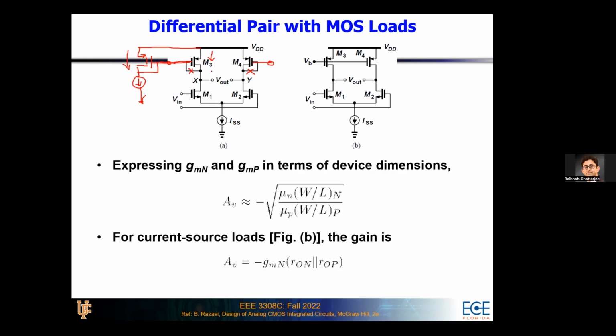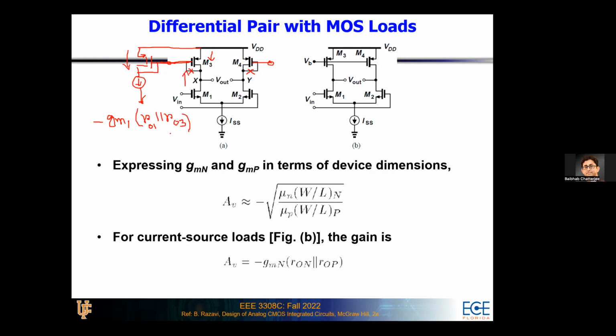Now, if you have a current source load, the resistance looking into the drain of this M3 transistor will be RO, right? Instead of 1 upon GM, it will be RO. And as soon as this becomes RO, your gain equation will become minus of GM1 times RO1 in parallel with RO3, right?